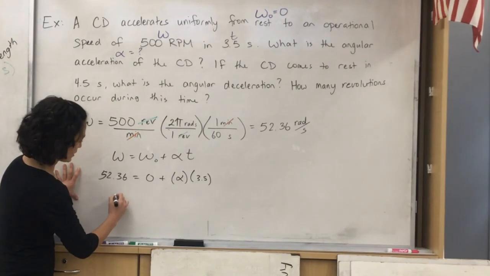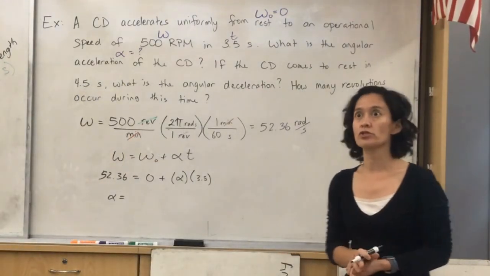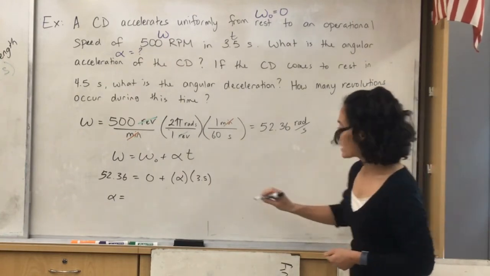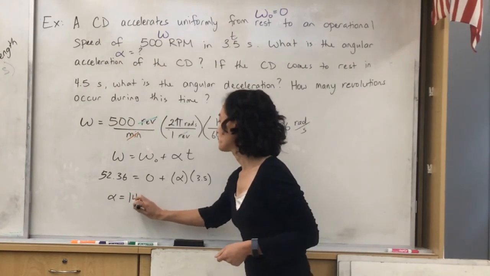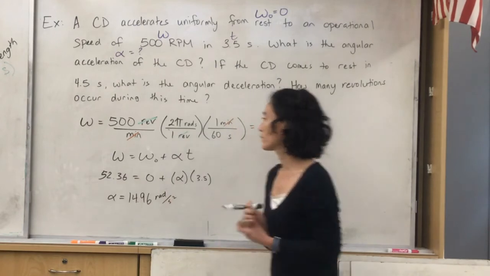So alpha is equal to, again, pause the video, calculate this on your own. This is just good practice doing your own number crunching. I get that it is equal to 14.96 rads per second squared.